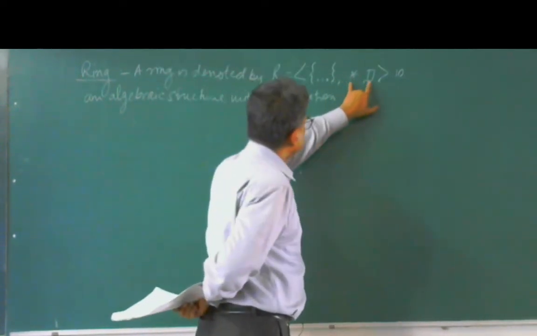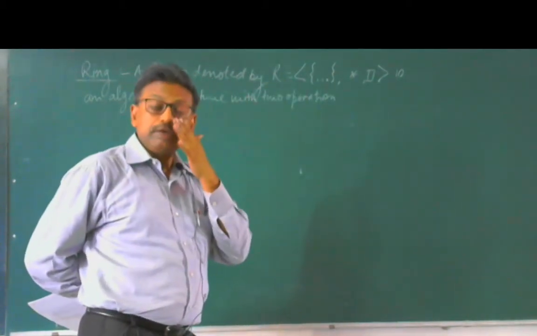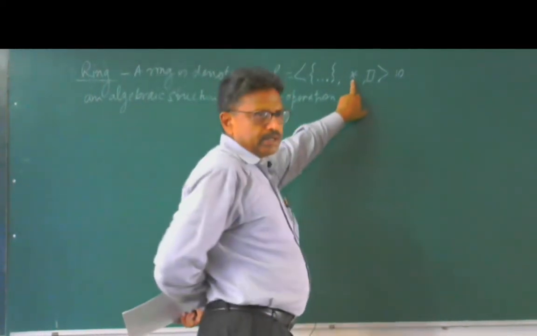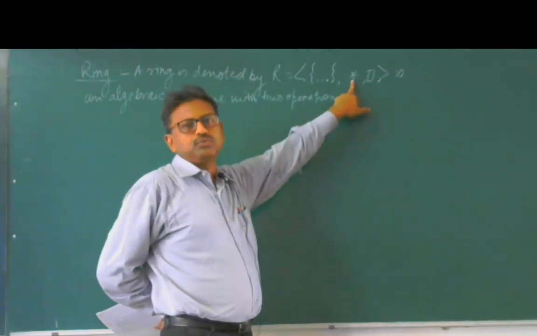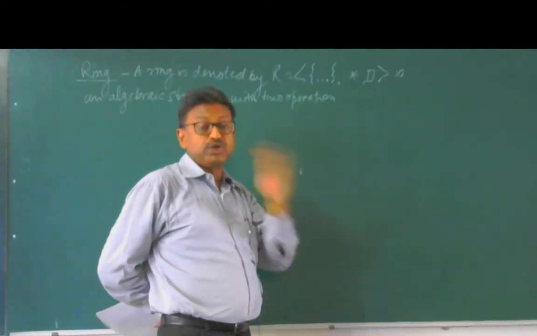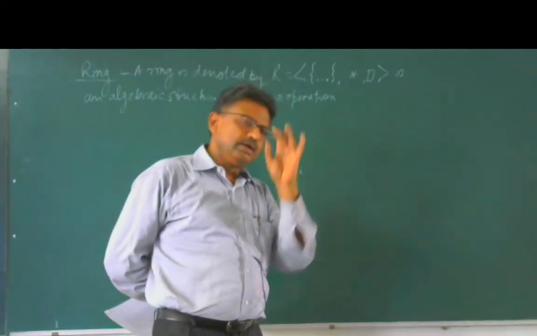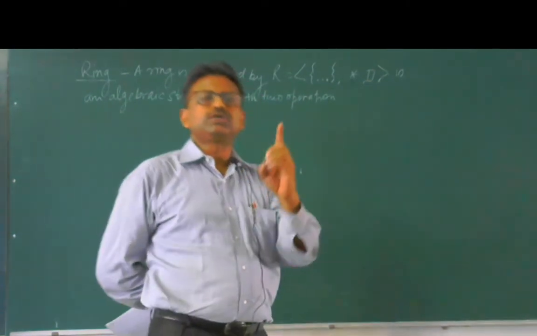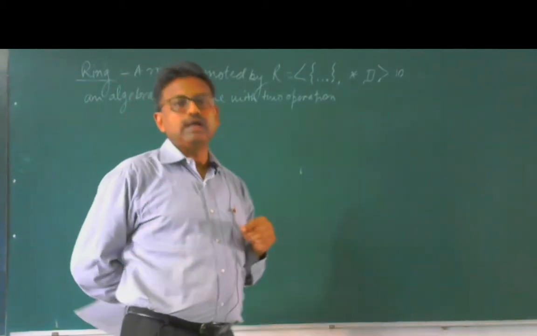Now with these two operators, this particular set can be called a ring if it satisfies certain properties. With the first operator, it must satisfy all five properties to be called an abelian group. A group can be called an abelian group if it is also commutative, meaning besides the four basic properties, that is closure property, associativity, identity and inverse, if the operator also satisfies the commutative property, then that group is called an abelian group.